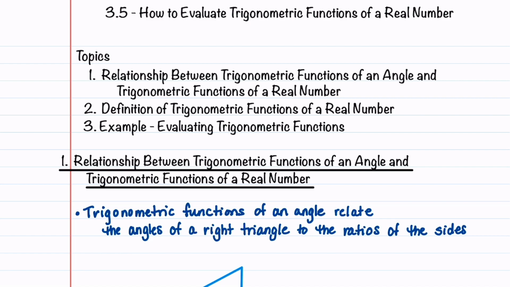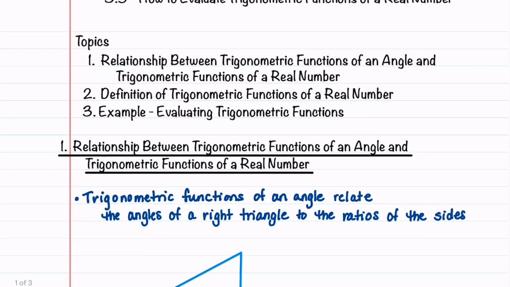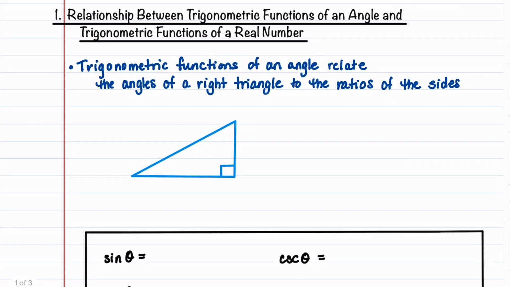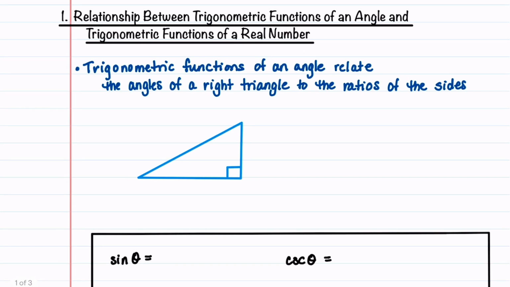I'll begin by explaining the relationship between trigonometric functions of an angle and trigonometric functions of a real number. Trigonometric functions of an angle relate the angles of a right triangle to the ratios of the sides.